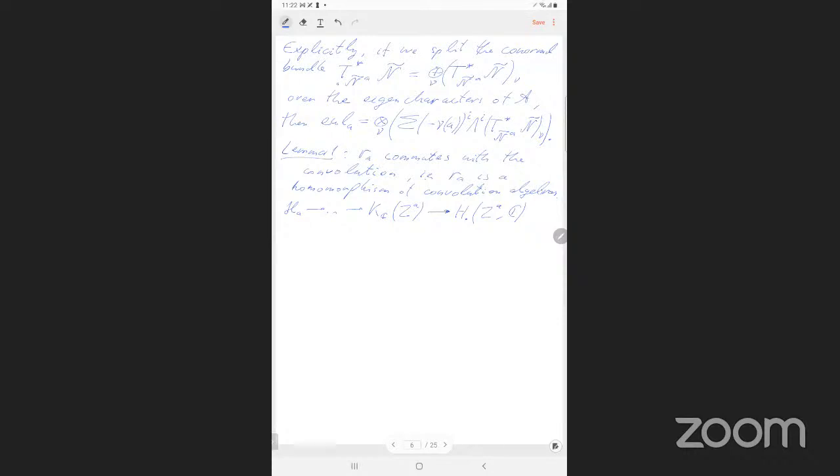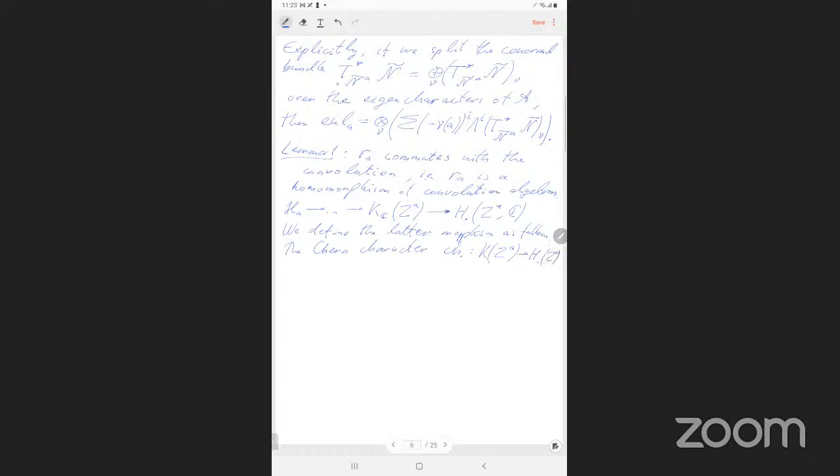So to define this latter homomorphism, we use first of all the Chern character from the K-theory to Borel-Moore homology.